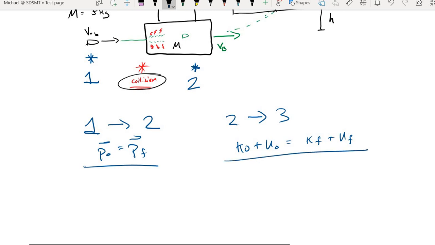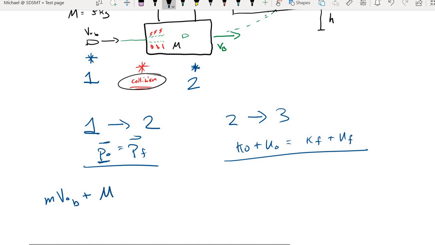So now we need to fill in all of these values. At point 1, we need to know what is the momentum of the system before the collision. Well, before the collision, the only thing that was in motion was the bullet.